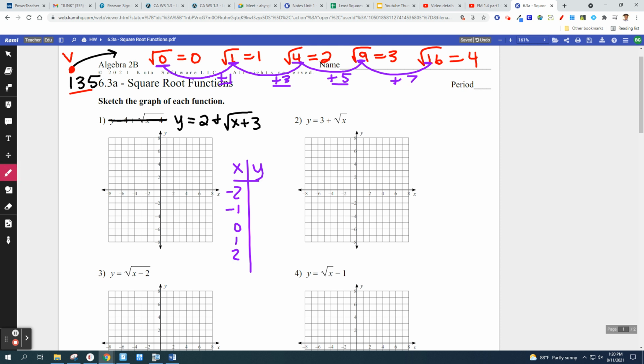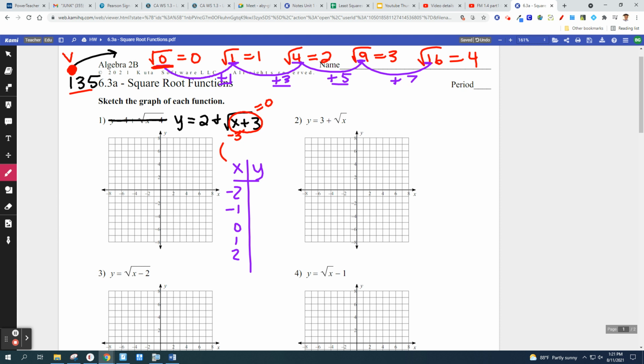Finding the vertex is basically finding this first point, where the square root is equal to 0. So all I'm going to do is look at this square root and look for the number that makes this part equal 0. It doesn't take a whole lot of effort to figure out that x would equal negative 3. When x equals negative 3, then that square root is 0.